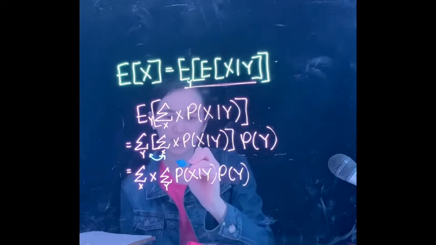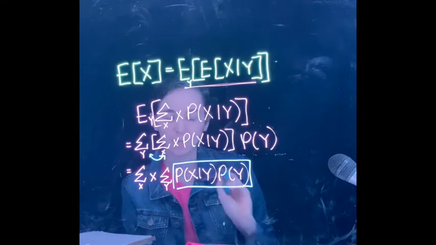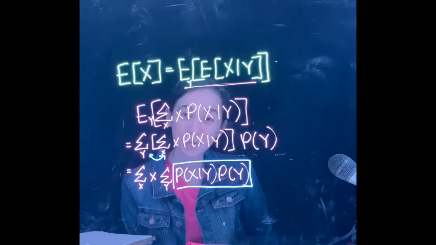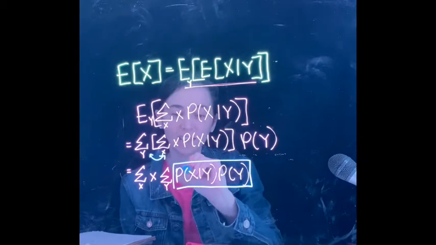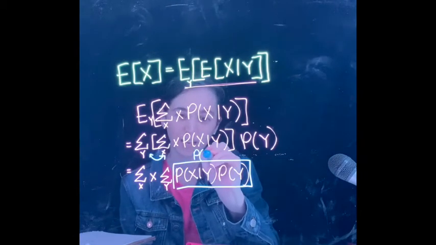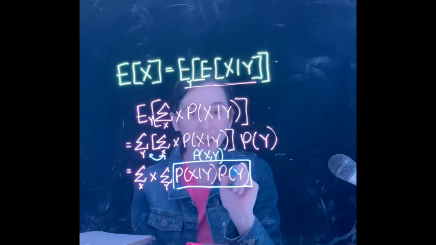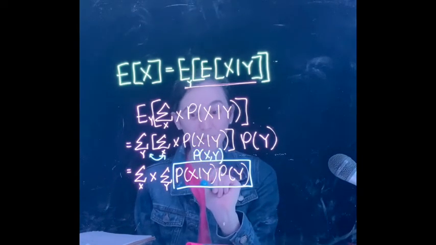Now, this probability of x given y times the probability of y: if you remember back to your probability class, what do we know about probability rules that this is equal to? From the partition rule, we know that the probability of x given y times the probability of y is equal to the probability of x and y.